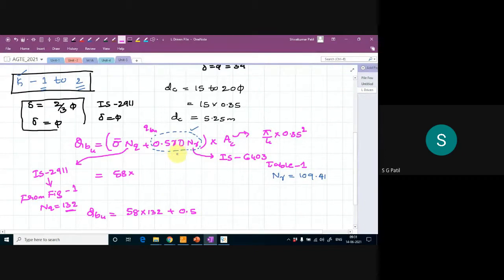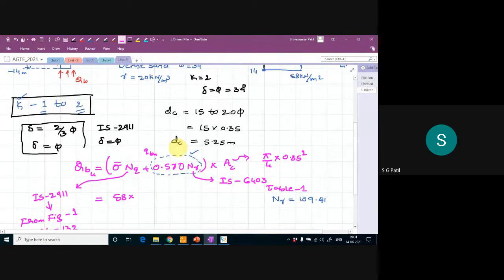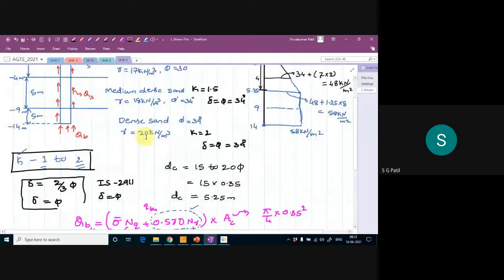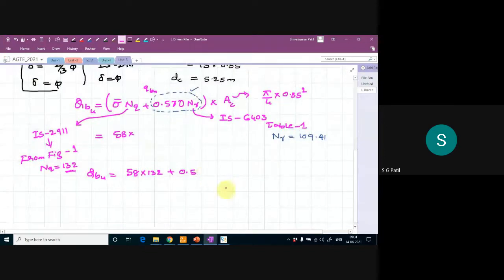Gamma is again the submerged unit weight I should take. What is the submerged unit weight here? 20 minus 10, so that is 10. 0.5 into 10 into D, where D is the diameter of the pile, 0.35, into N gamma, which is 109.41.